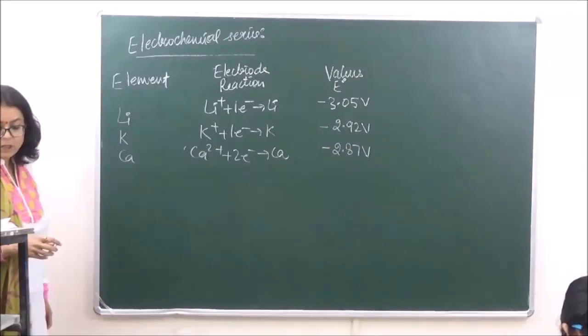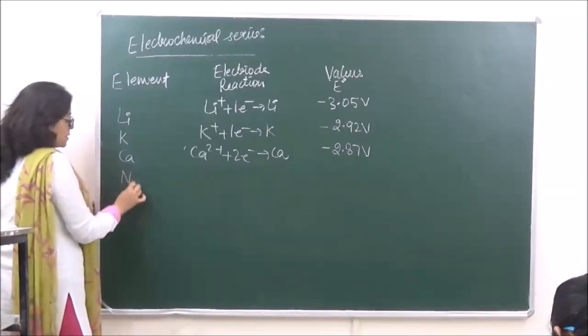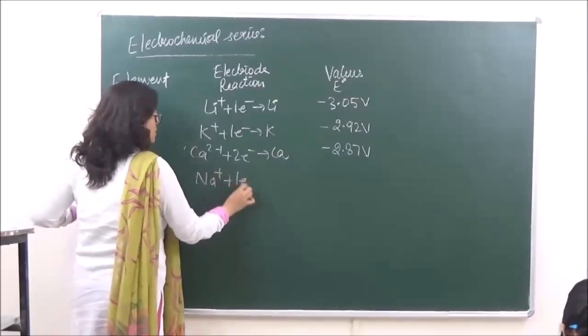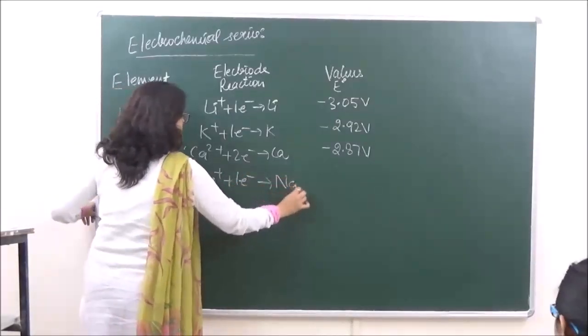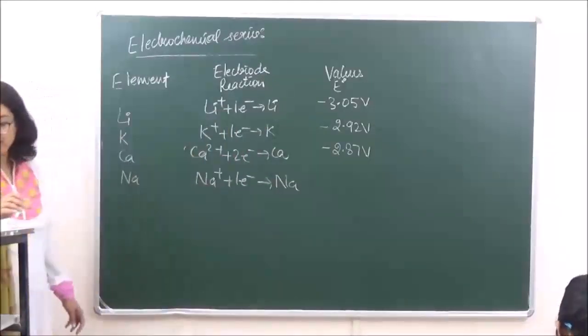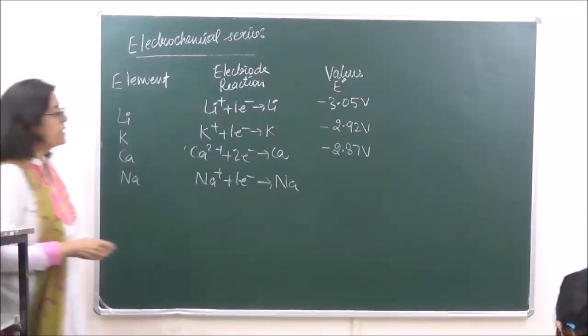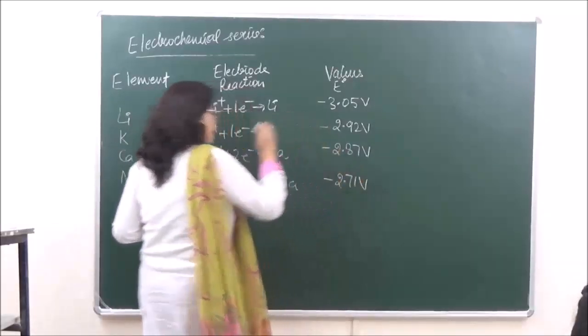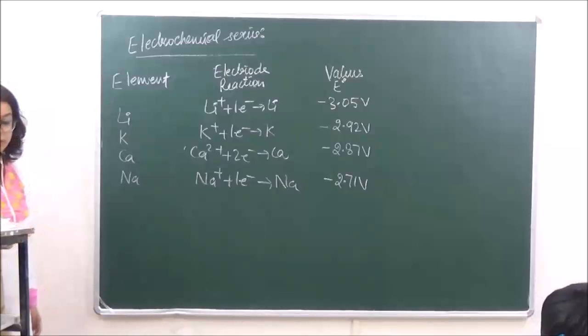Then after calcium comes sodium, Na+ plus 1 electron to give us sodium, and the value is minus 2.71 volt, right?